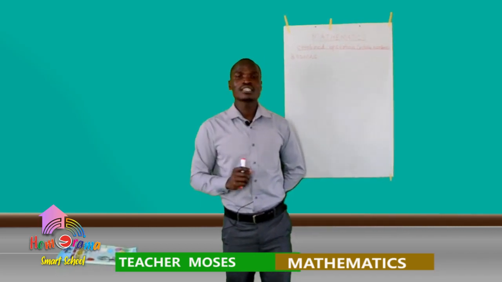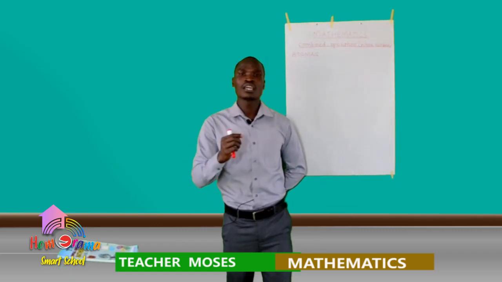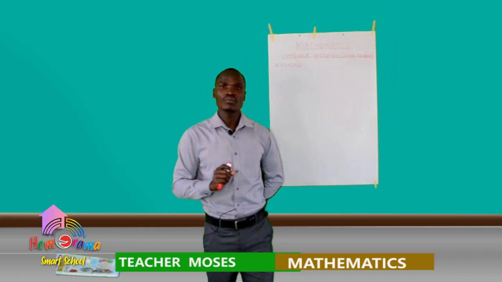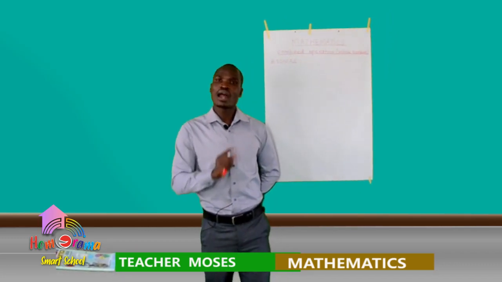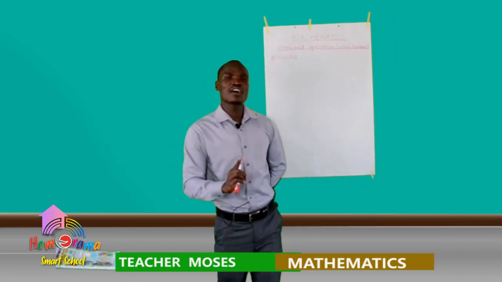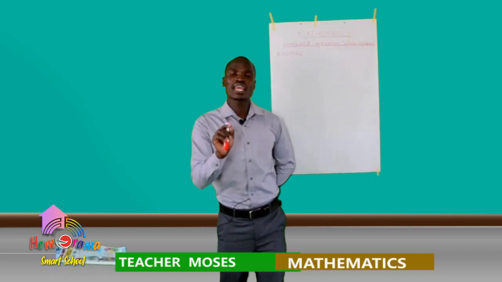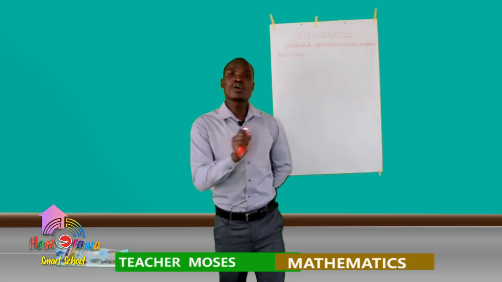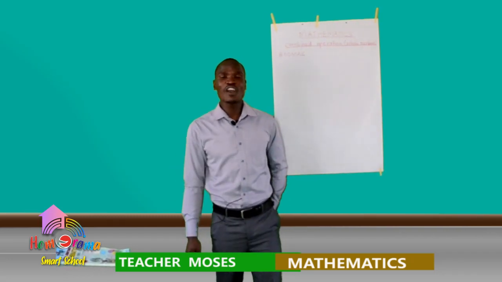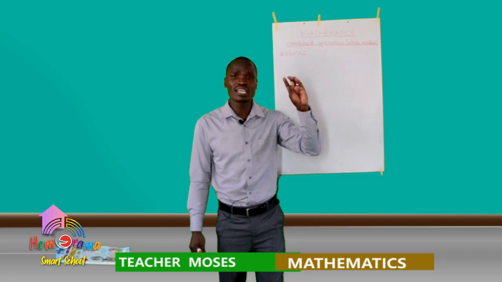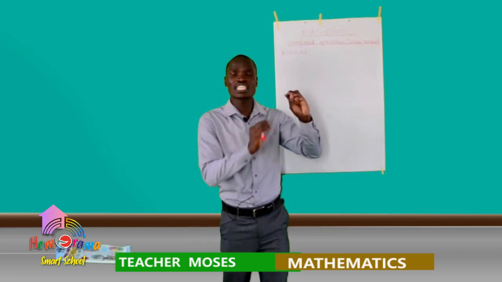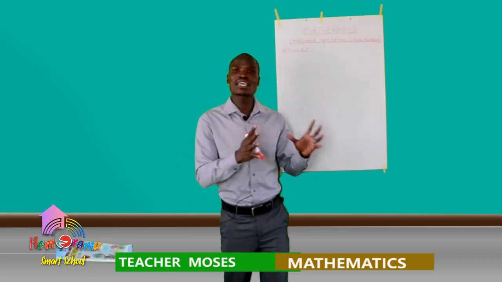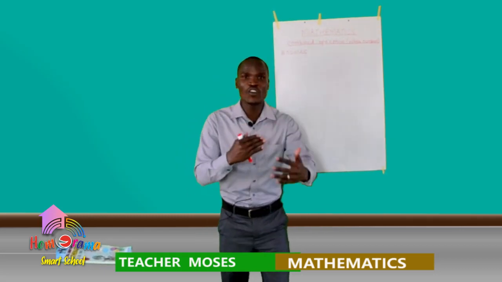Another operation that was done previously was multiplication. Now multiplication, an example is you can have 2 multiplied by 3. When you take 2 multiplied by 3, your answer is going to be 6. And therefore remember that for multiplication, it should be at your fingertips, to ensure that when you're working out these ones, you are always fast.